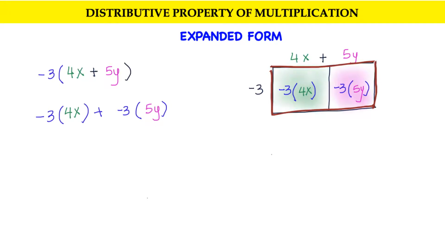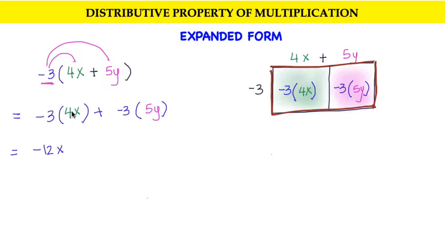So what we have essentially done is taken the factor outside and multiplied it with every term inside. So -3 times 4x plus -3 times 5y. And if you were to simplify this even further, -3 times 4x is -12x.